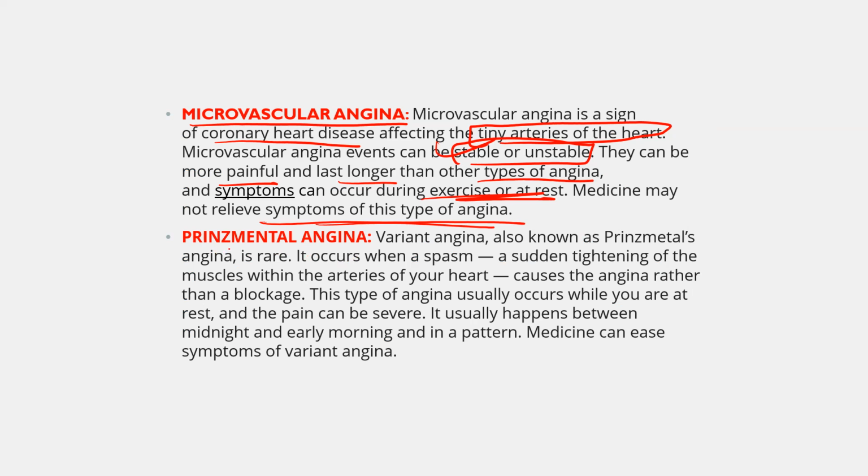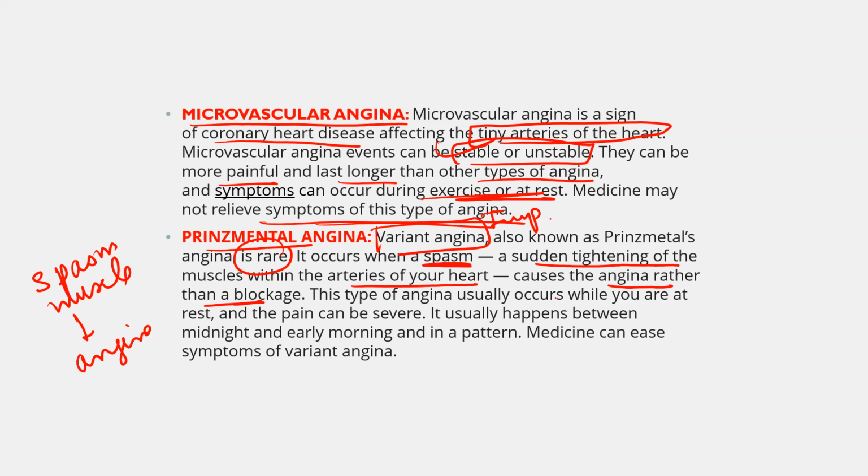Fourth is Prinzmetal angina. This is also known as variant angina. Prinzmetal angina is rare. It occurs when a spasm, that is a sudden tightening of the muscle within the artery of your heart, causes the angina rather than a blockage. So when there is spasm of the muscle, that spasm will lead to angina.